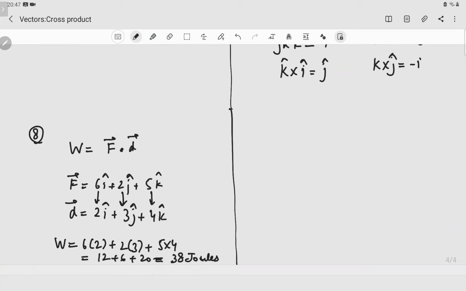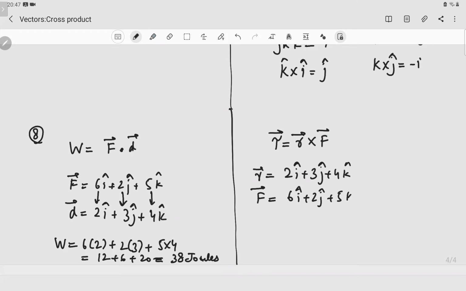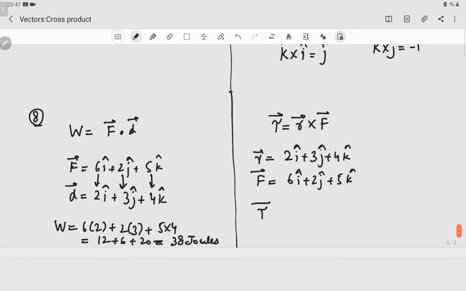And over here, on the right side, for example, torque or moment is the cross product of moment arm and force. If the moment arm is equal to 2i plus 3j plus 4k, and the force that is acting is 6i plus 2j plus 5k, you will calculate torque by writing it like this and expanding this determinant.